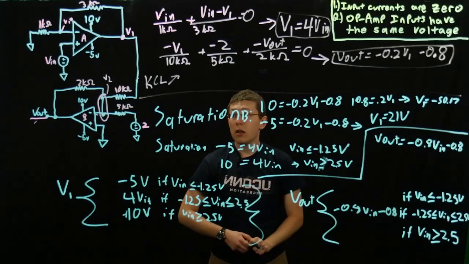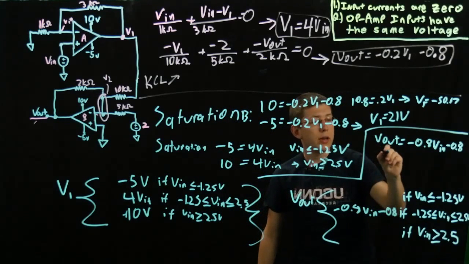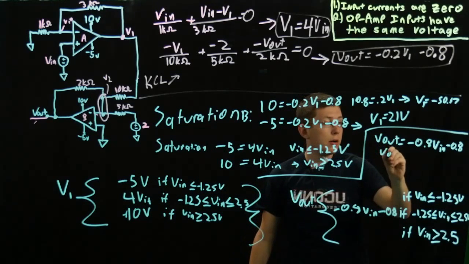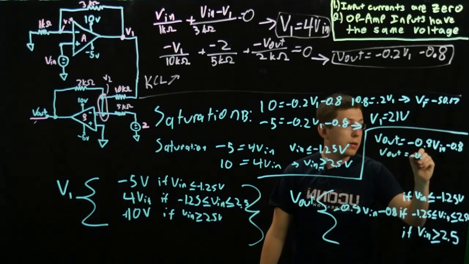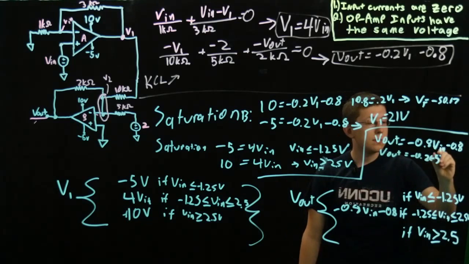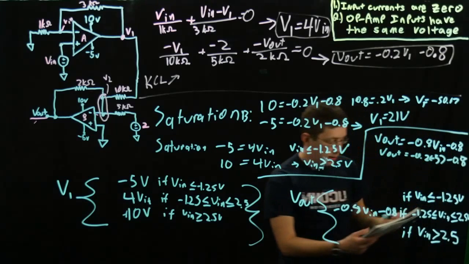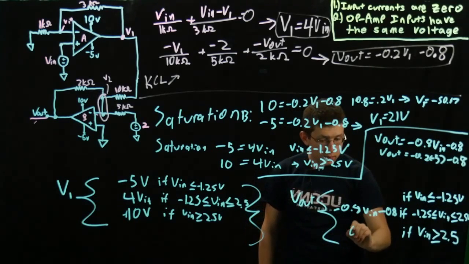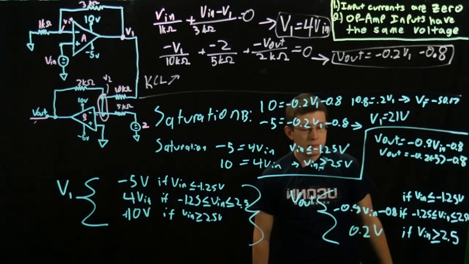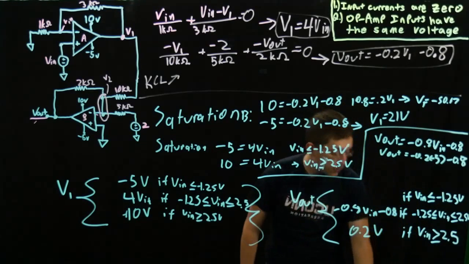Now we'll consider our extreme cases. So if we have our V1 as negative 5 volts, V out equals negative 0.2 times negative 5 minus 0.8. And so this will yield us an output voltage of 0.2 volts. And finally, our last case, if we are at, wrote that in the wrong spot.